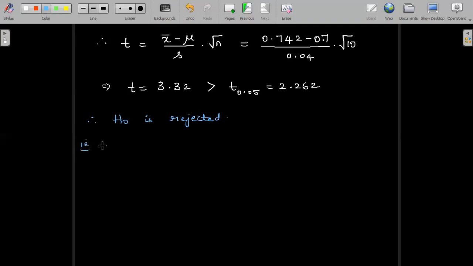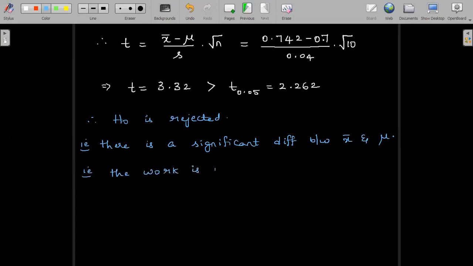That is, there is a significant difference between x bar and mu. And that is one and the same as saying the work is inferior. Hence the solution for us.